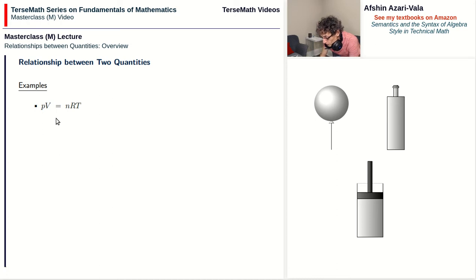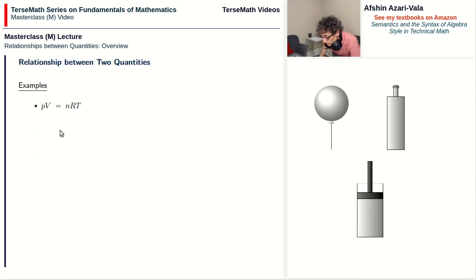There are so many different ways to write this formula. As an example, we could move T diagonally down, turn multiplication by T into division. We can take V and move it diagonally down, turn multiplication by V into division by V. And then we would get P over T is equal to NR over V. And of all the different ways of writing it down, they chose this particular one.